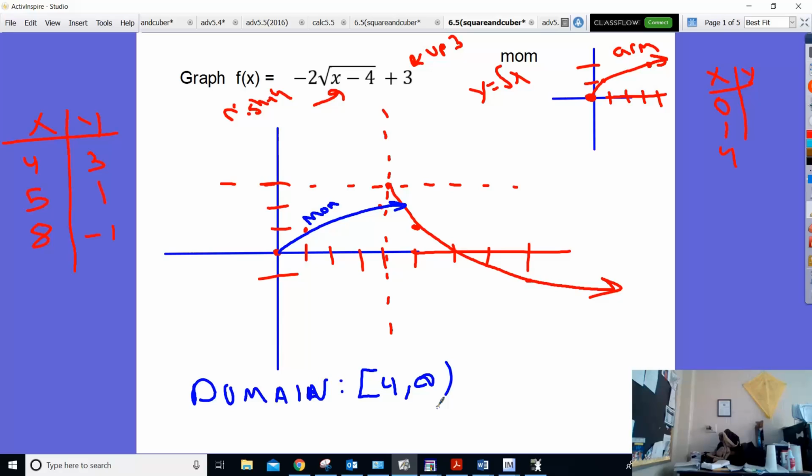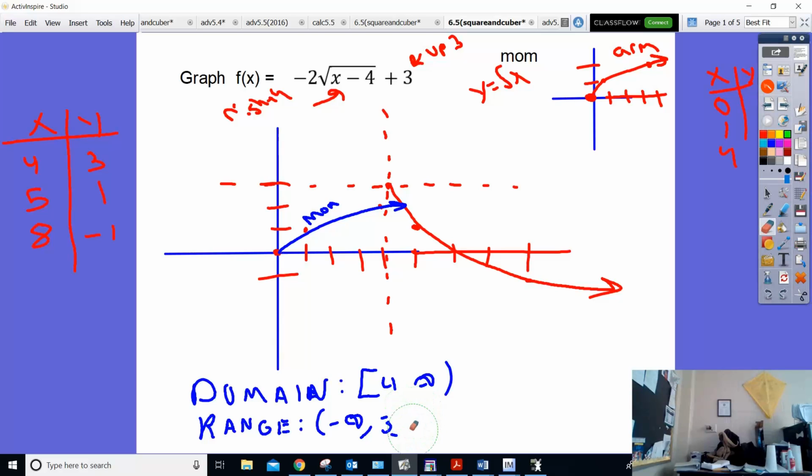And range is parentheses negative infinity, comma 3, bracket. Good, you actually said it right. You went low to high. Domain and range, they both represent, you start with a small number, proceed to the high number. A lot of kids would mess up the range on the second one. They would say 3 comma negative infinity. It's very common.